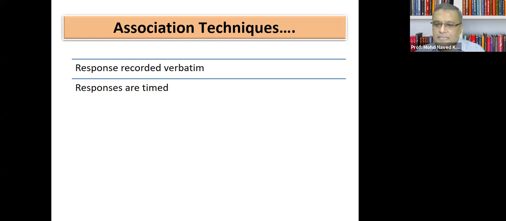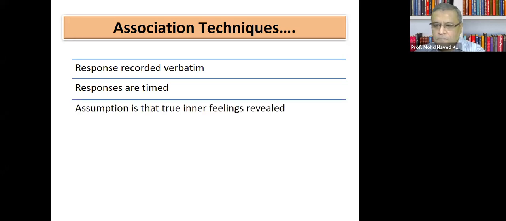Either the person doesn't have a response to that word, or the person is too emotionally involved with that particular word, and because of that, the person may not be immediately able to share the response with us. Then we expect that whatever the true or genuine feelings are, they will be revealed by the respondent when we go in for this kind of interaction.